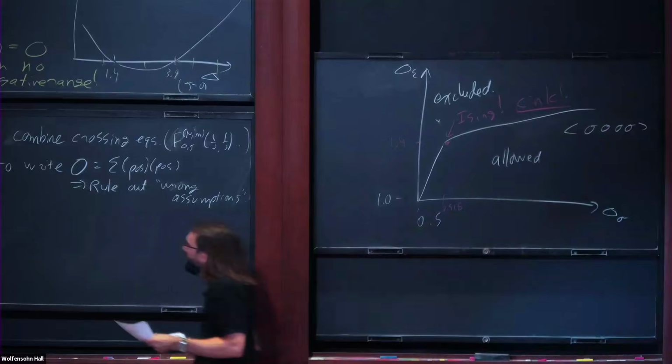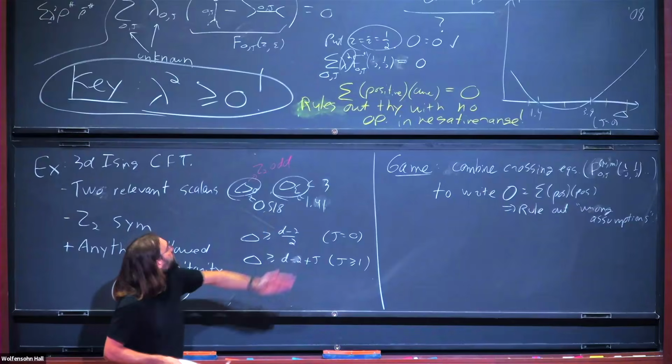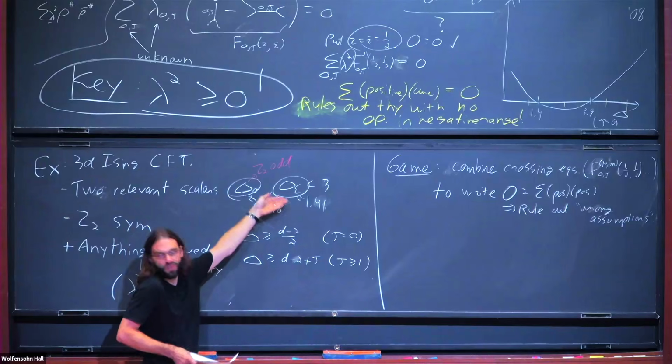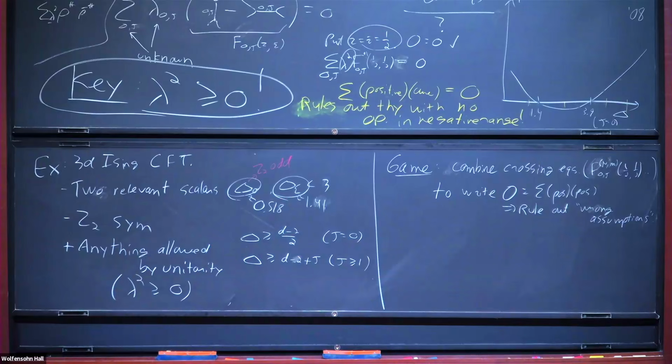But we said there are 2 relevant operators, and we're talking about the dimension of the other one, so why not study correlation functions of the other operator as well? The thing that turns out to be fruitful is to study also mixed correlators.